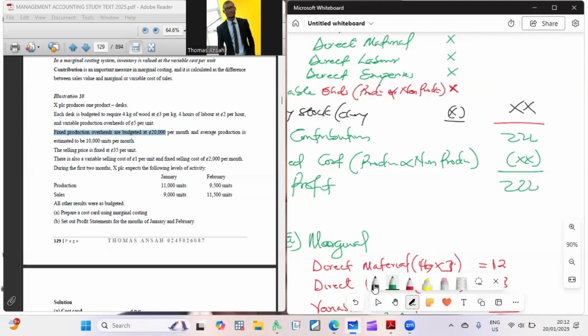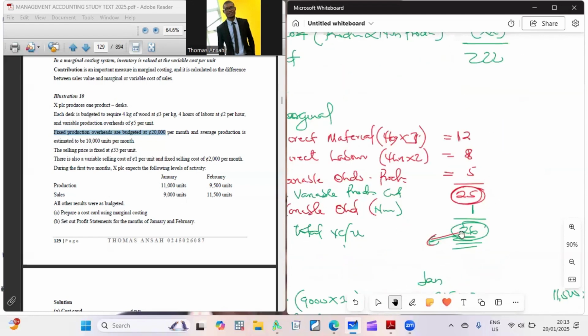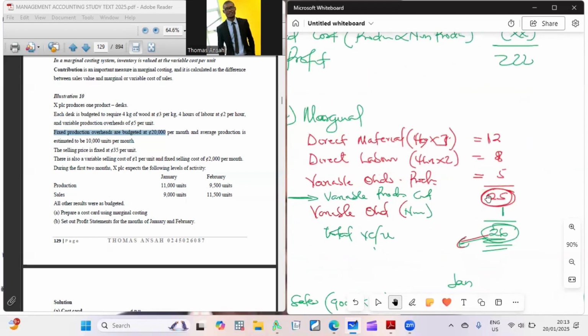Closing stock multiplied by variable production cost per unit. Let me write it like this so that you get it clear. Not the total variable cost like we have it here, but variable production cost. All right, so take note of that.